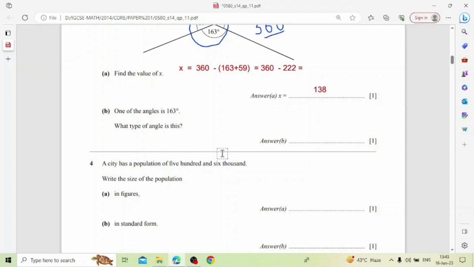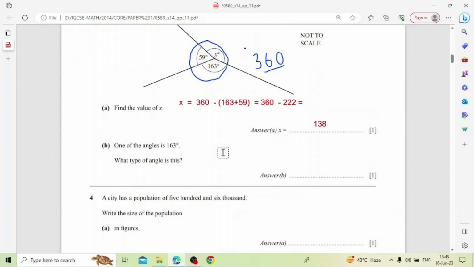When it comes to the types of angles, there are 3 types. 90 is the base measurement: less than 90, and more than 90.